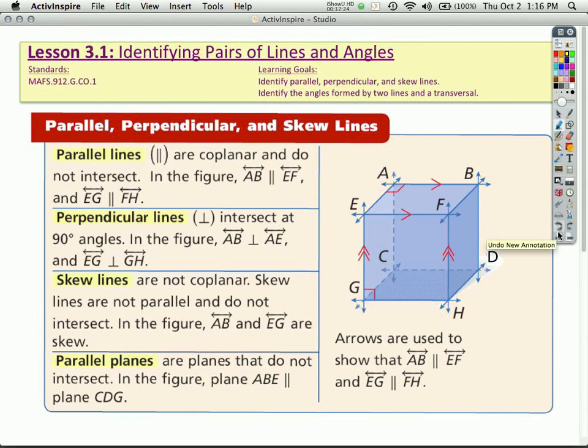Now the idea of skew. Skew lines are lines that are not coplanar, and they're not parallel, and they don't intersect.